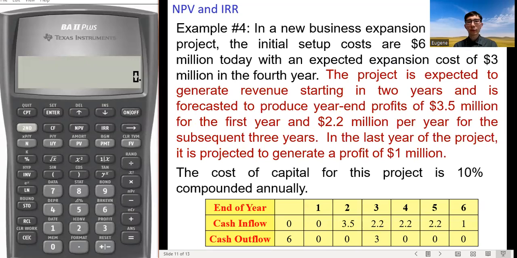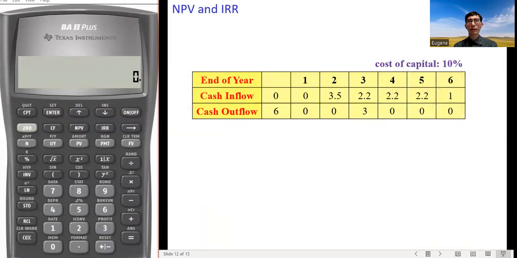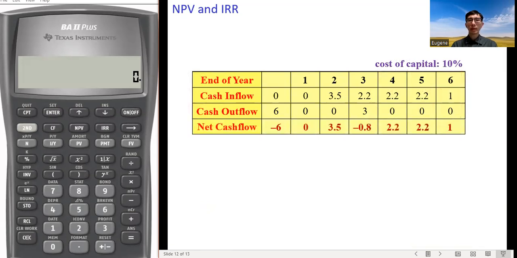Calculate the net cash flow for every period. And we get the following result. Let's input this in the calculator. Activate the cash flow worksheet.